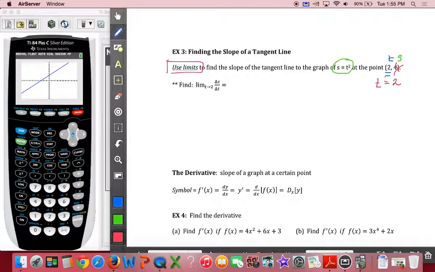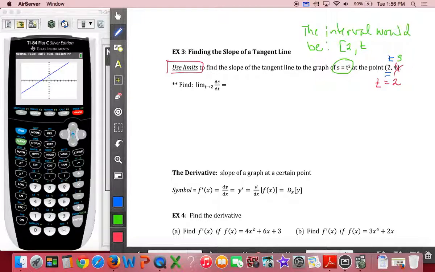And so we have to find our change in position. So remember, what do you think the interval is going to be for this one? 2 to t.